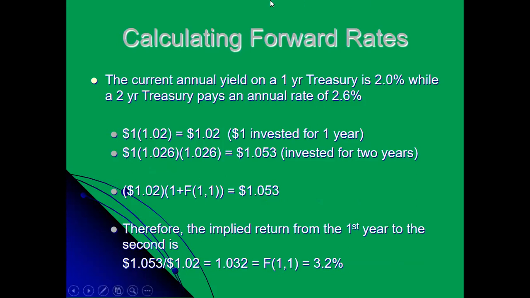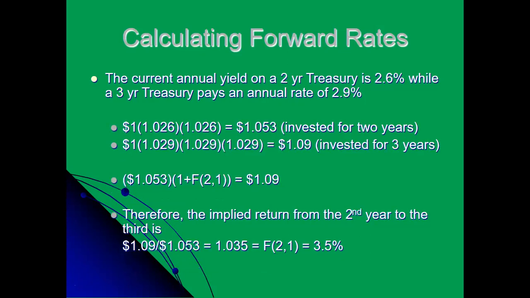And if we are going to get now the implied return from the first year to the second year, that's going to be 1.053 divided by 1.02, and we get 1.032 minus 1, that's 0.032 divided by 1 equals 3.2%. That's how we are going to get the forward rate. Next would be this example. Let's say 2-year treasury, 2.6%, and 3-year treasury.